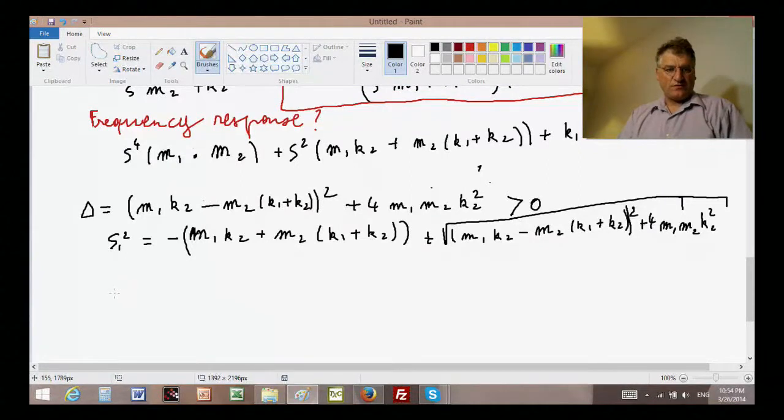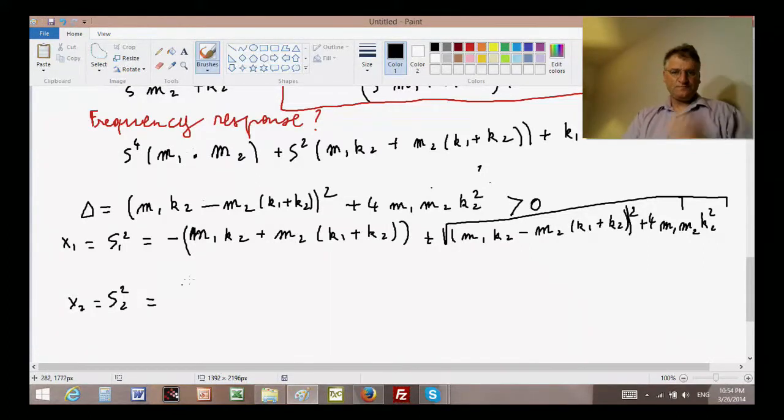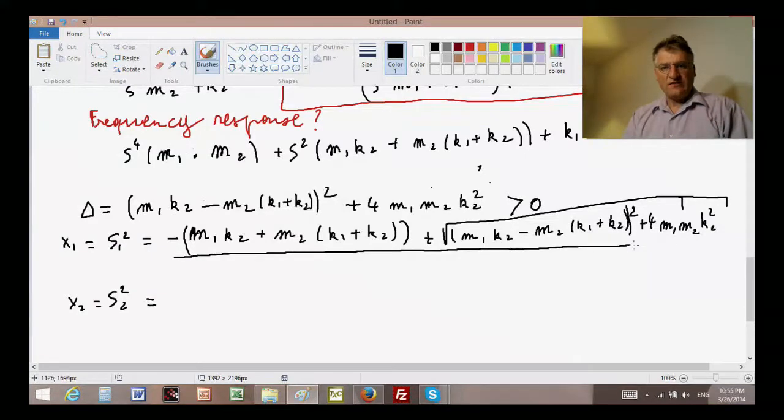The second root, S2 squared, is equal to, so let's rename them x1 and x2. Oh, and I forgot, we forgot to divide by 2 times the first quotient, so 2 times m1 m2.